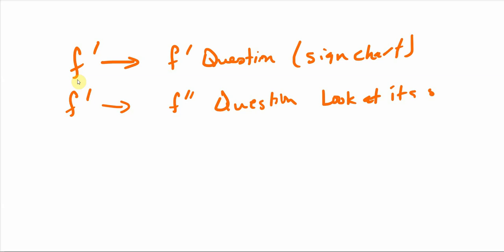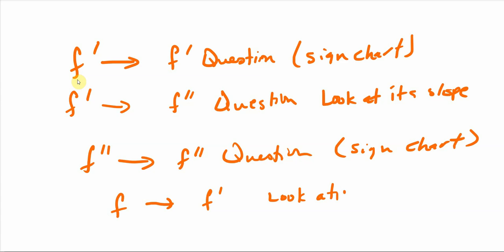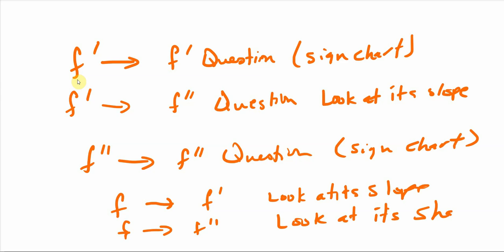Now, if I give you f double prime and I ask you an f double prime question, we're going to look at the sign chart. Now, if I give you f and I ask an f prime question, we're going to look at its slope. And if I give you f and I ask an f double prime question, I'm going to look at its shape. Okay. So that's what you need to understand from this video.